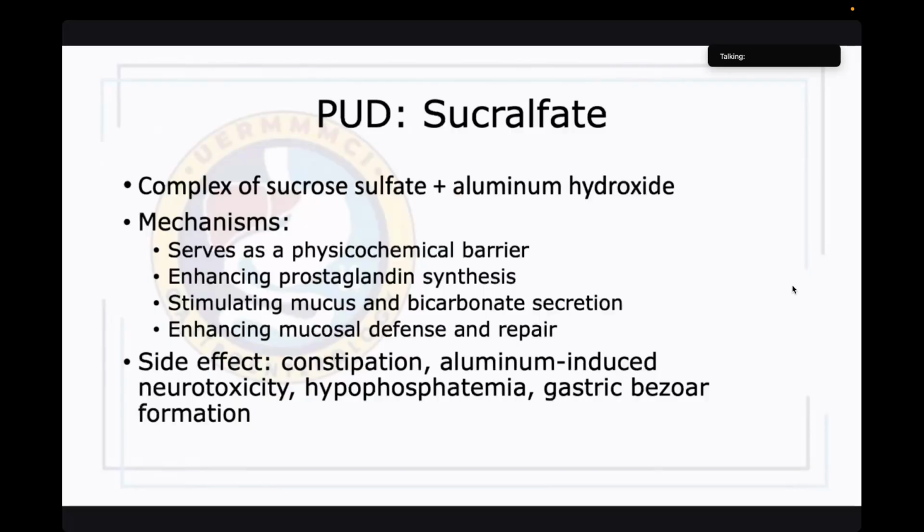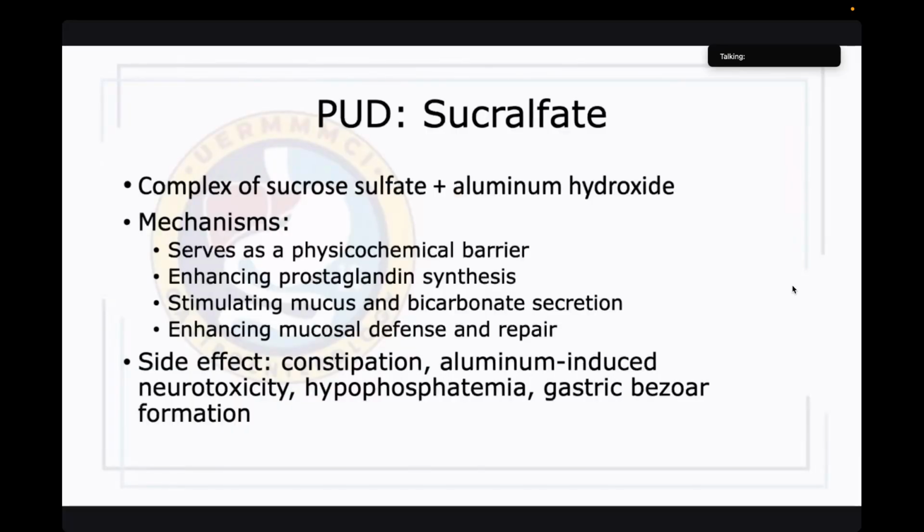It becomes a viscous paste within the stomach and duodenum, binding primarily to sites of active ulceration. The mechanisms by which sucralfate acts are: it acts as a physicochemical barrier, it enhances prostaglandin synthesis, it stimulates mucus and bicarbonate secretion, and it enhances mucosal defense and repair.